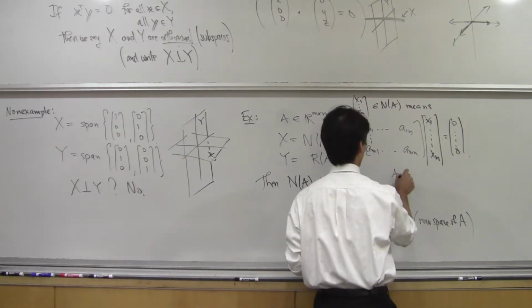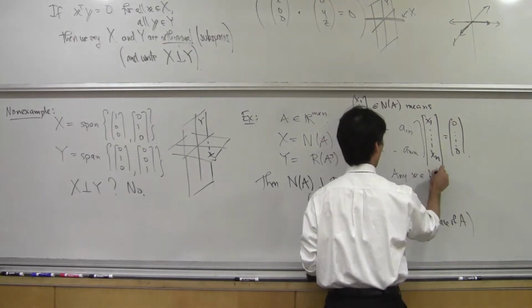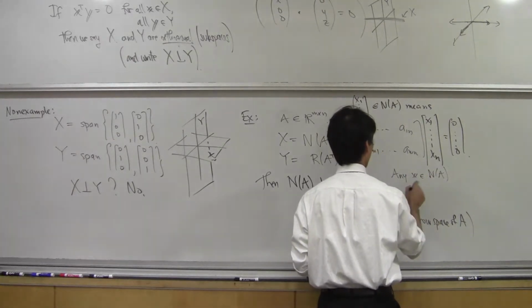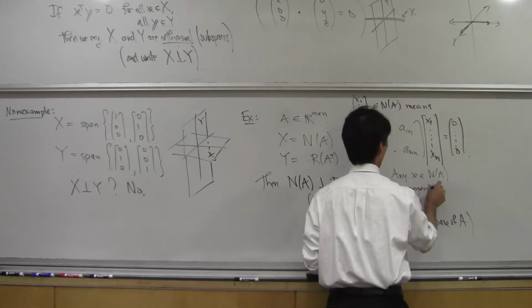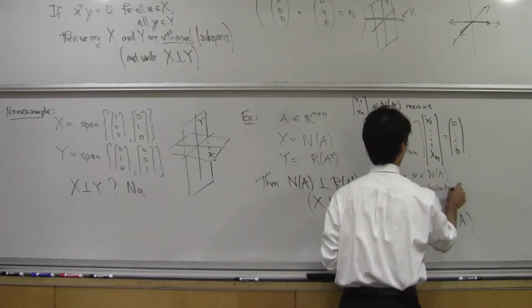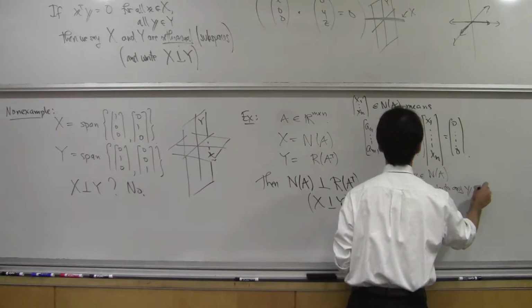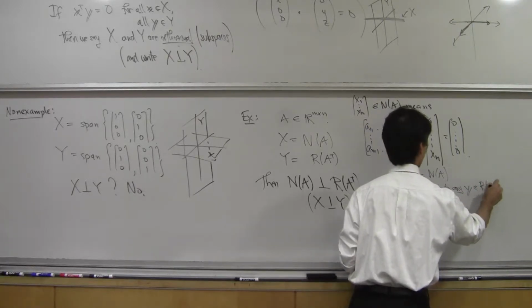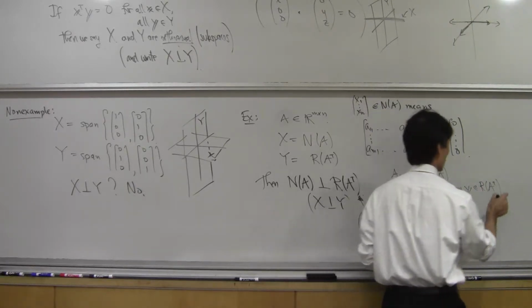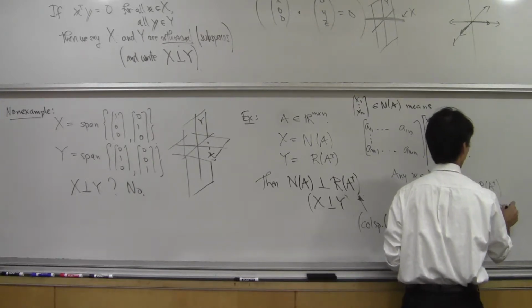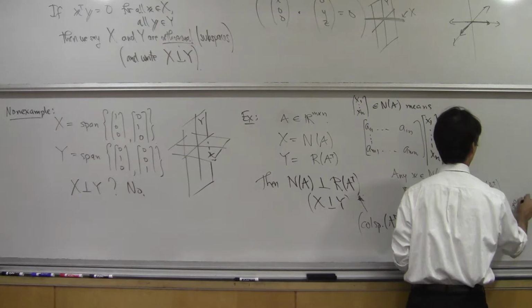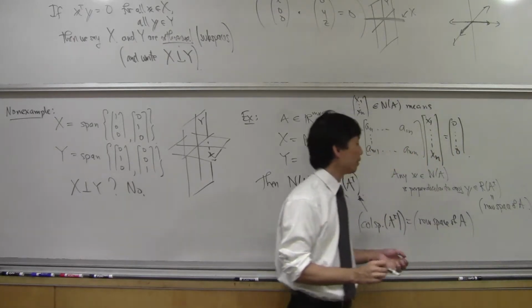So any x in the null space of A is perpendicular to any y in the range of A transpose, because this is the same thing as the row space of A. Right?